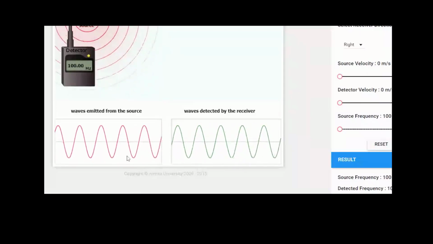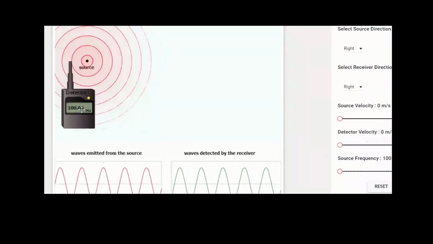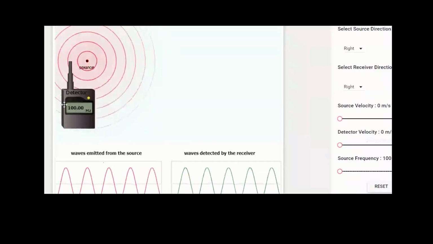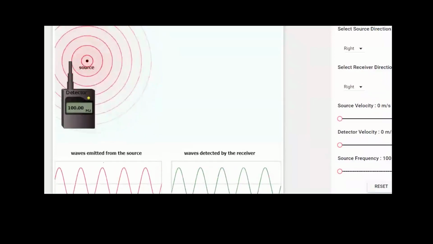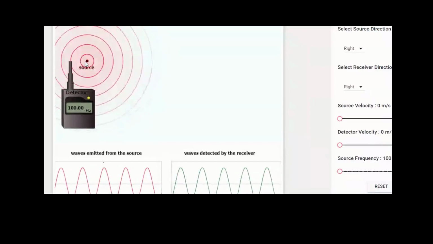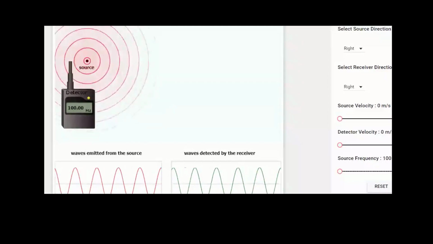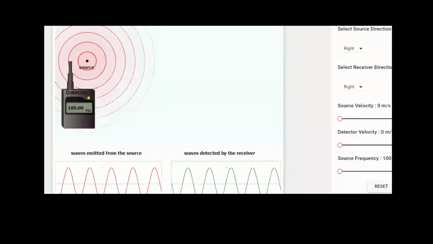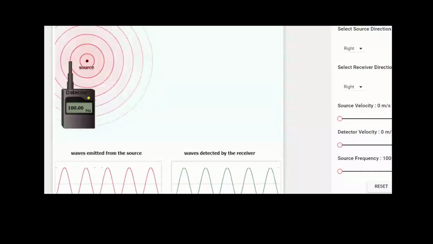You can listen to the same sound waves, but there is relative motion between the two. If the observer is moving towards the source, the frequency will increase. The exact frequency is 100, but when they approach each other the frequency will increase, and when they move away from each other the frequency will decrease.